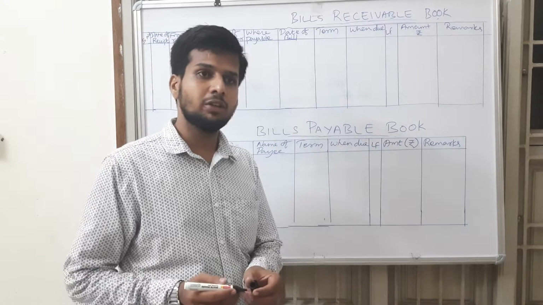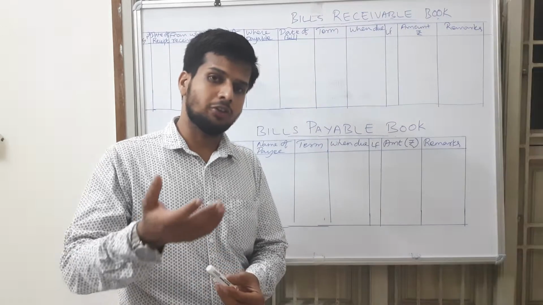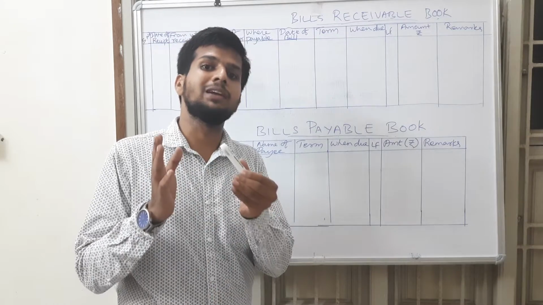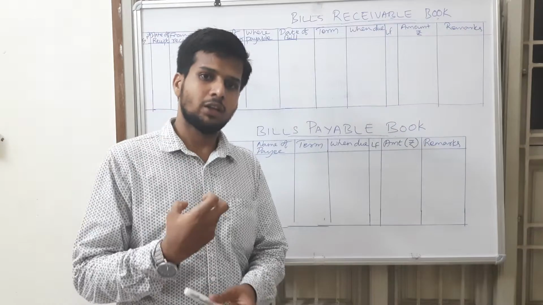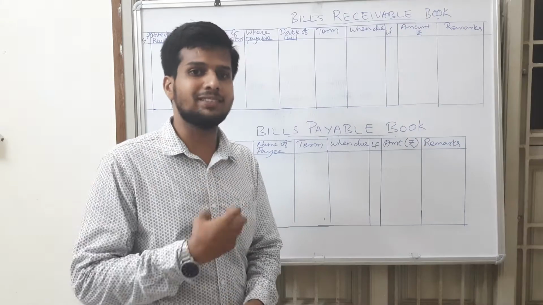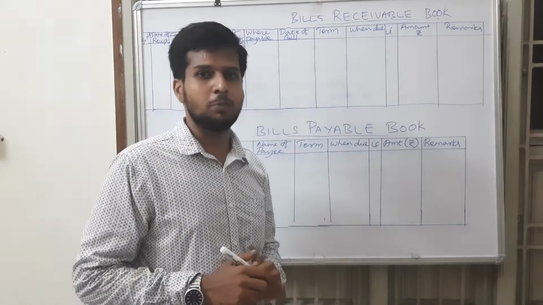So we are receiving the bill, which means it is a bill receivable. When the amount is receivable and the bill is also receivable to us, it should be recorded in the bills receivable book.